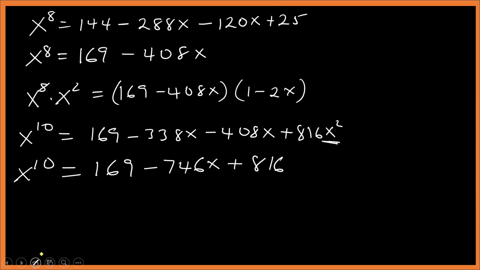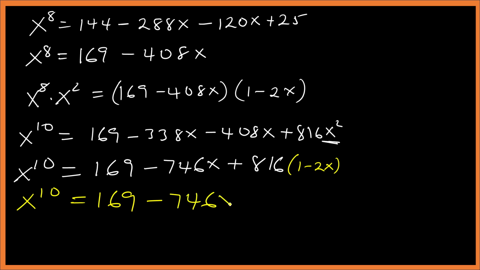So we have x to the power 10 equals 169 minus 746x plus 816 minus 816 times 2, so 1632x.